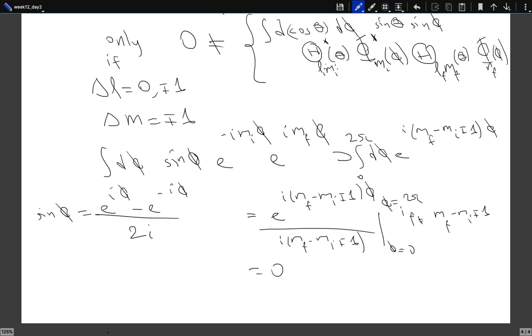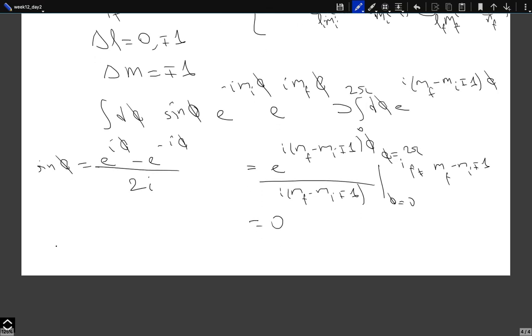So we get a non-zero number. So that's essentially why we have to have delta m equal to plus minus 1 if we have to have some transition.